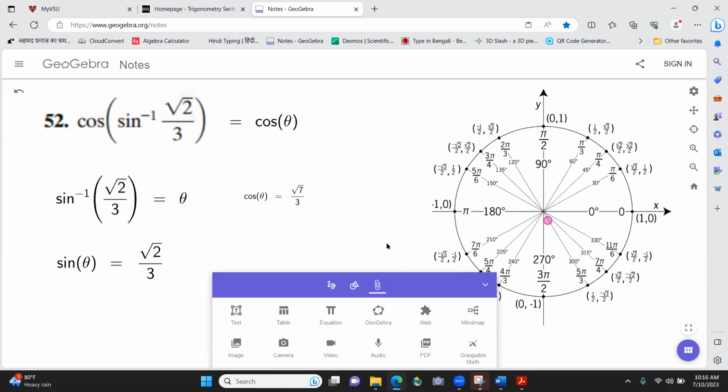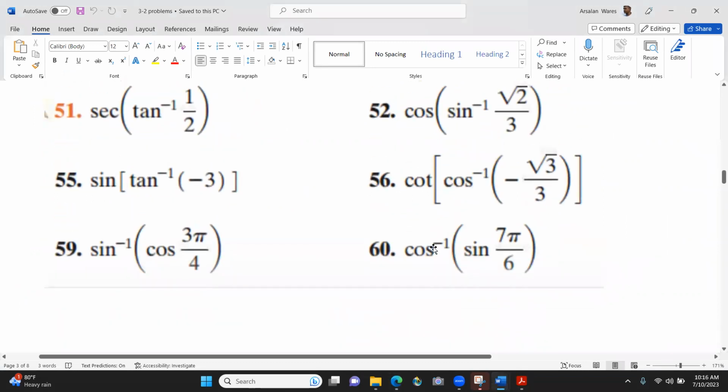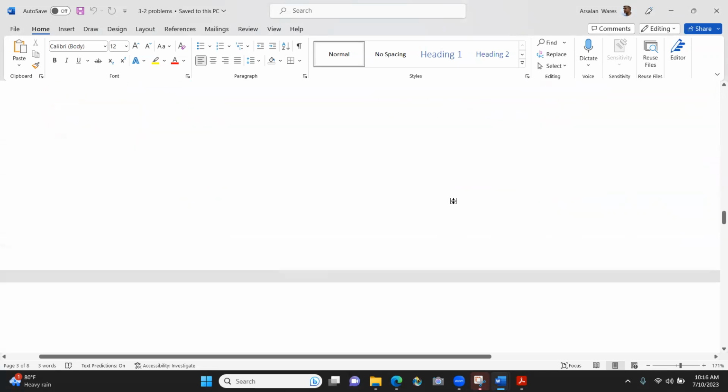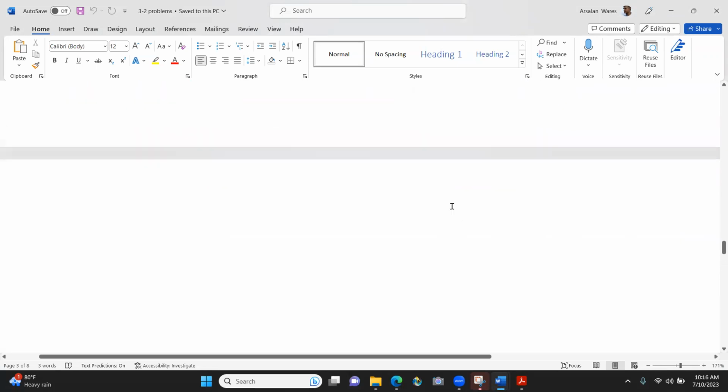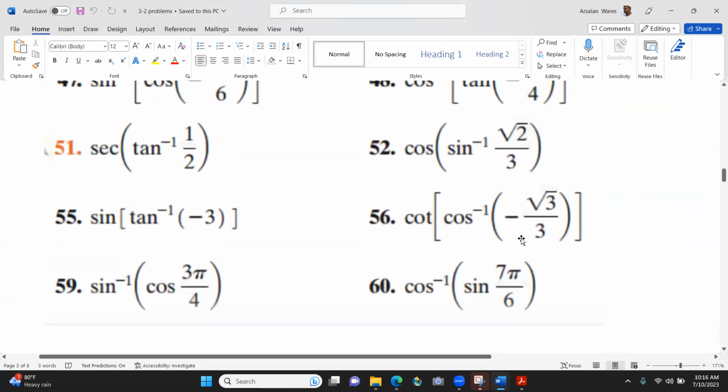Okay, I'm going to do one that will involve a trig ratio other than sine squared theta plus cosine squared theta. Let's go find it. I hope I can find it. From cosine to cot. This may be one of those. Let me see what else is going on. Okay, I'm going to assign you way too many problems. So let's try this one. If you know cosine, you have to find cotangent.